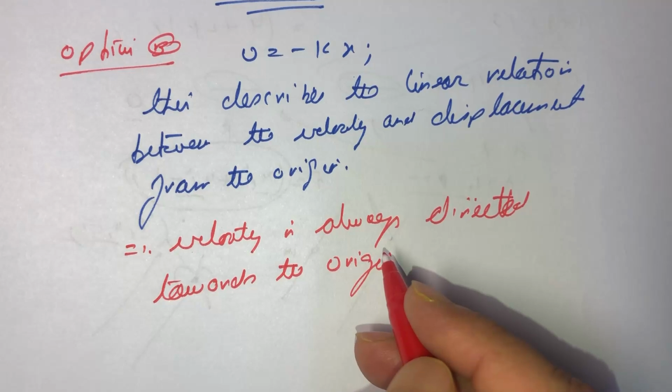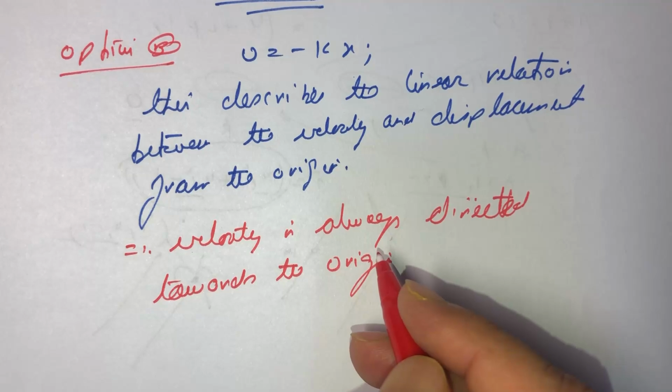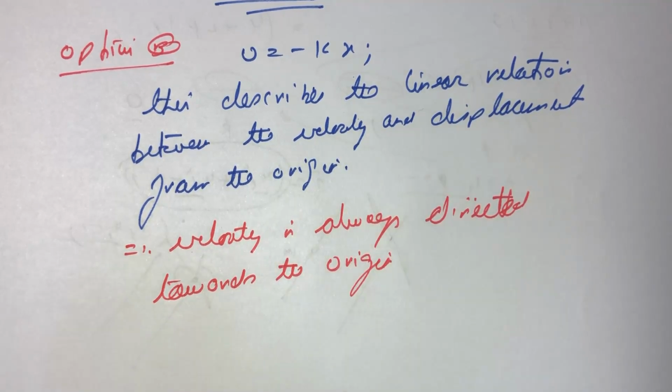So you can say that the object does not change the direction. It is always directed towards the origin, so there is no change of direction.